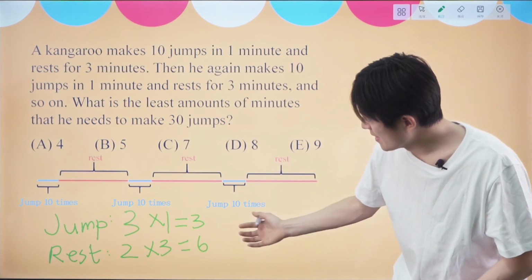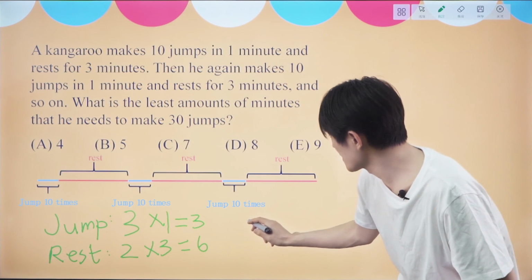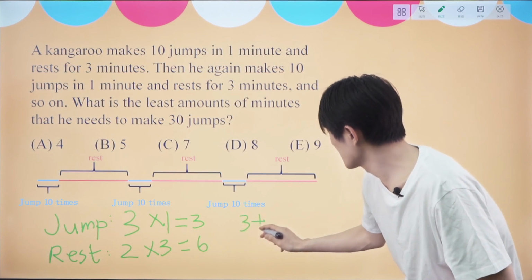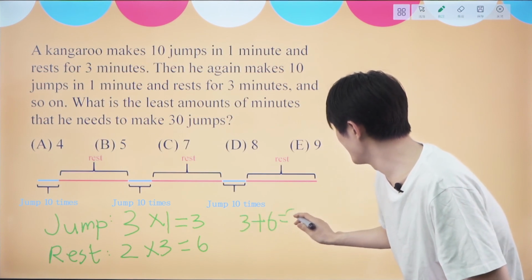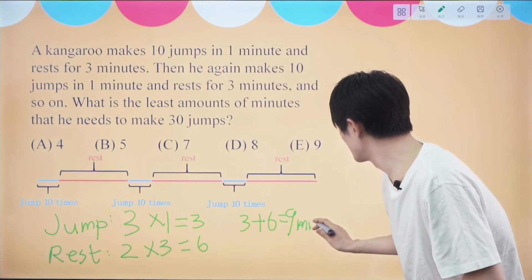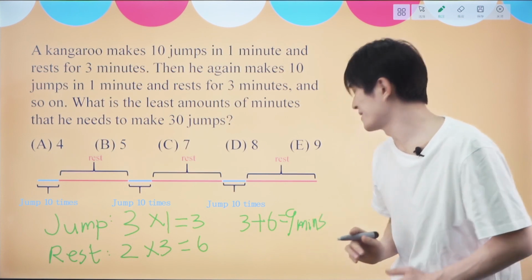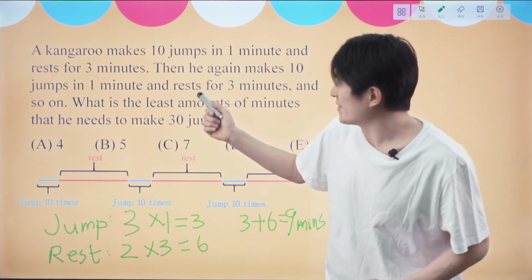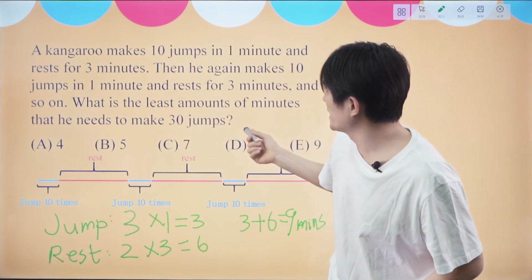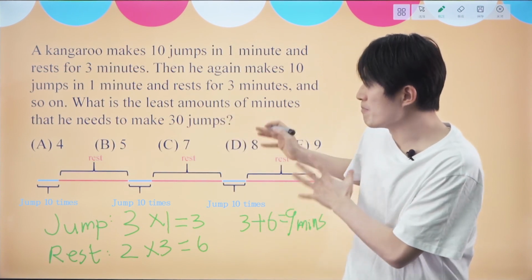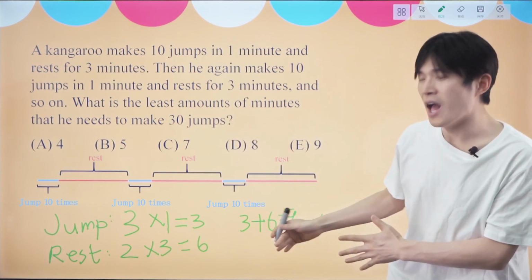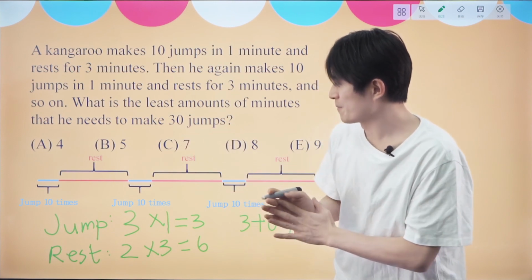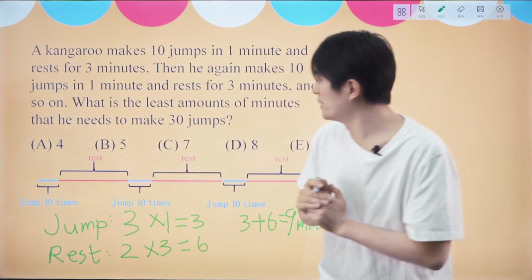So 3 plus 6 is 9. So 9 minutes. So that's how you find the time, the least amount of minutes that he needs to make 30 jumps, 3 times of jump.